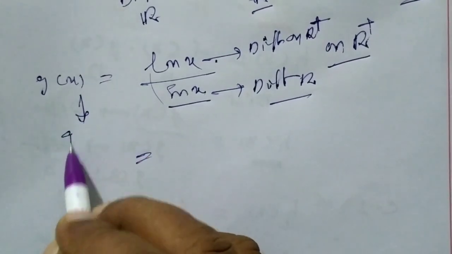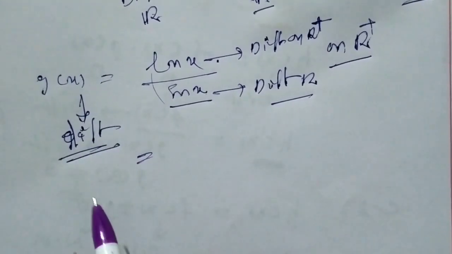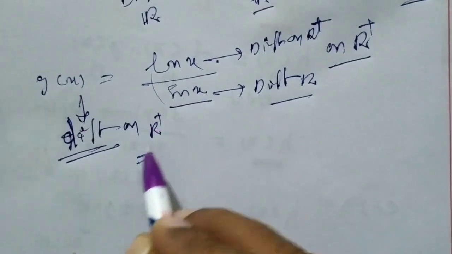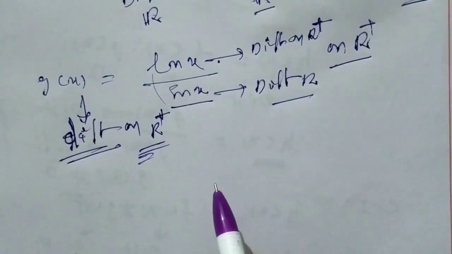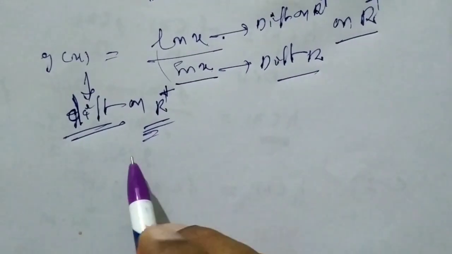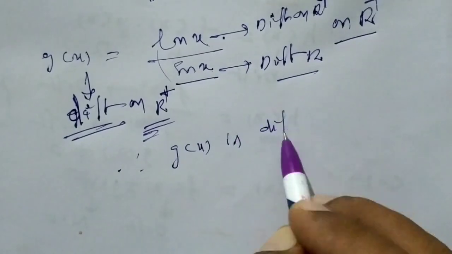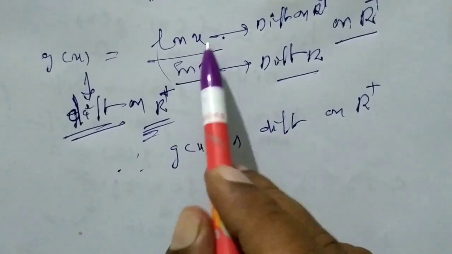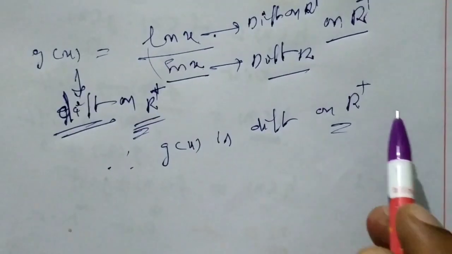That implies g of x is a differentiable function on R plus, because ln of x is differentiable there. Therefore g of x is a differentiable function on R plus. Why? Because the common domain is the positive real numbers.